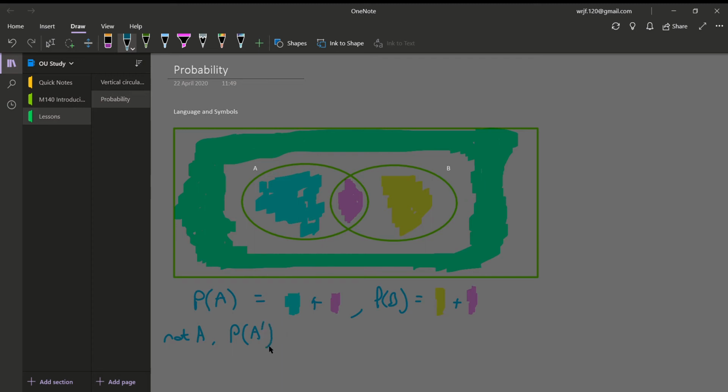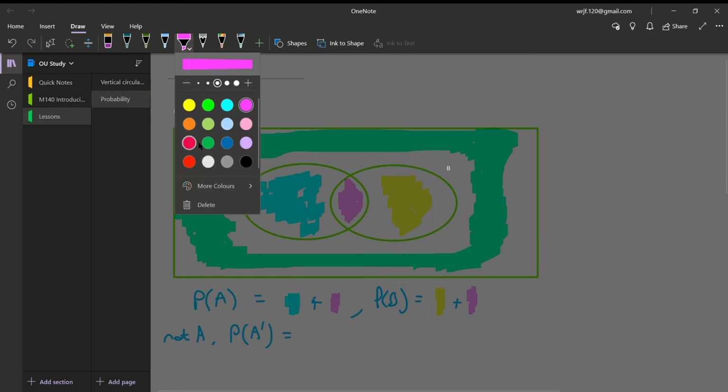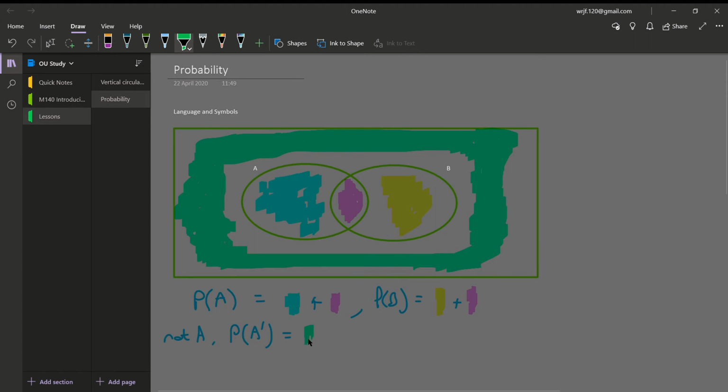Some people say A prime, other people just say not A, probability of not A, or probability of A prime, that kind of thing. And so for that sort of thing, I'd be looking at everything that is outside of the A oval. So that's going to be the green section around the edge and around the outside.